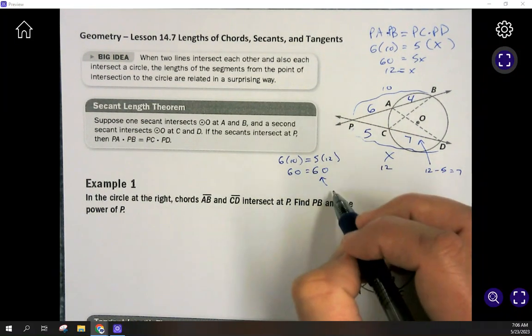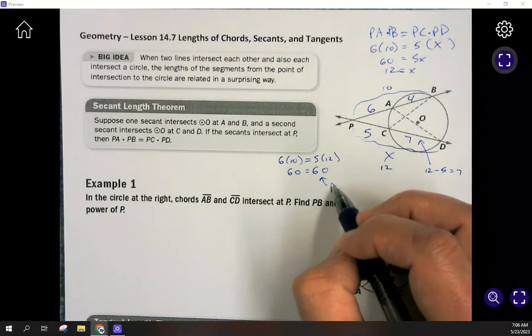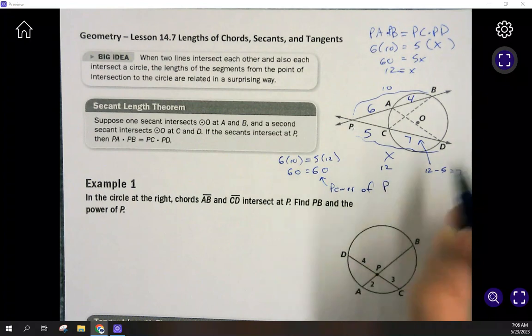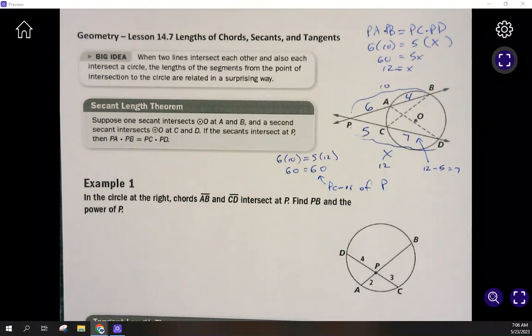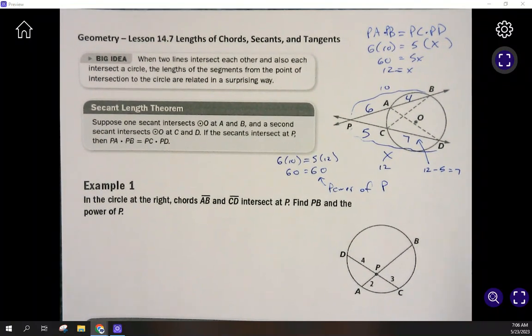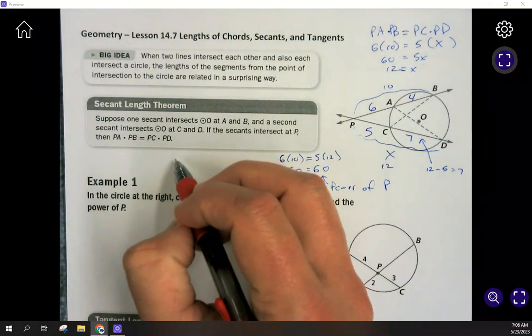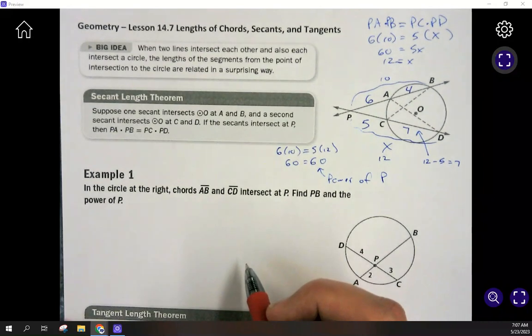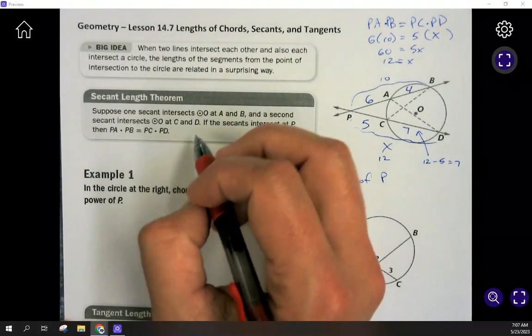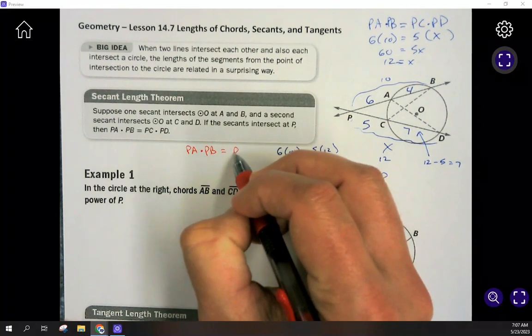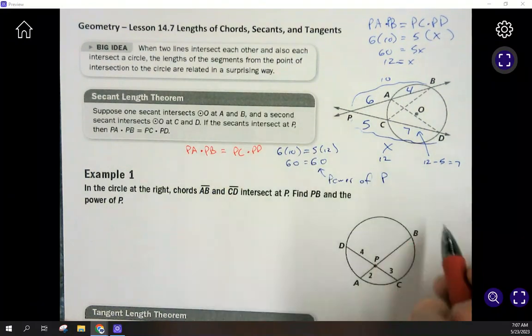Okay, and that number right there, what both of those pieces multiply to, is called the power of point P. So whatever those segments are going to multiply to, that's called your power of P. So let's say for a second that you wanted to call this piece X when you were solving it. The other way you could do this, and I don't necessarily recommend this way, but a couple of you might like it. Again, if we have PA times PB, PC times PD, so starting over.